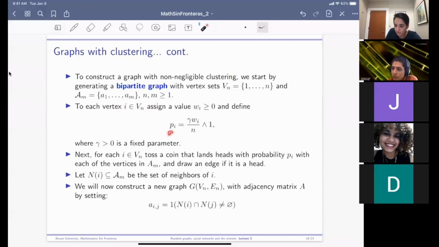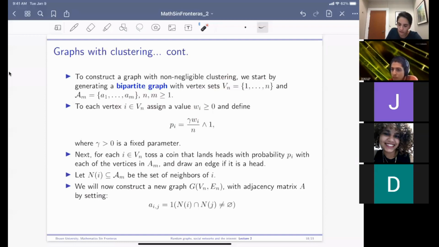Now, with these probabilities, I'm going to choose which movies they belong to. So actor i is going to toss a bunch of Bernoullis with probability pi_i against each of the possible movies. And when it lands heads, that means that actor participated in that movie. Right?